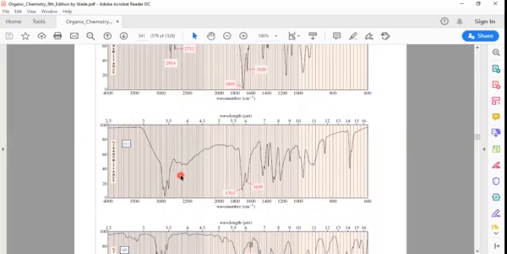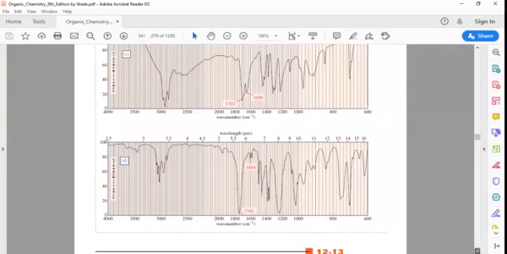So what is the most probable inference? It is a carboxylic acid where the carbonyl group, the carbon-oxygen double bond group, is in conjugation with a carbon-carbon double bond. So this is what we can draw as a conclusion from here. Let's go to the next.